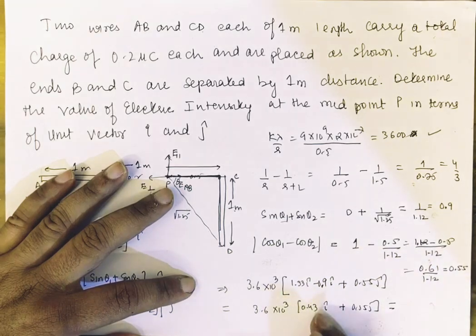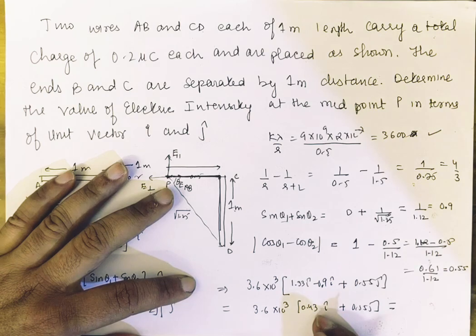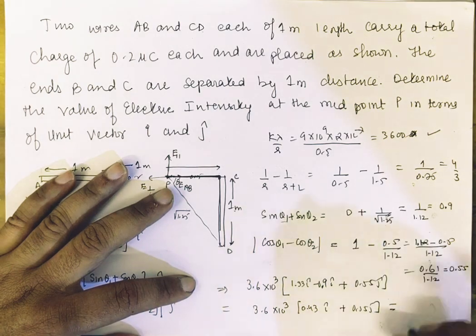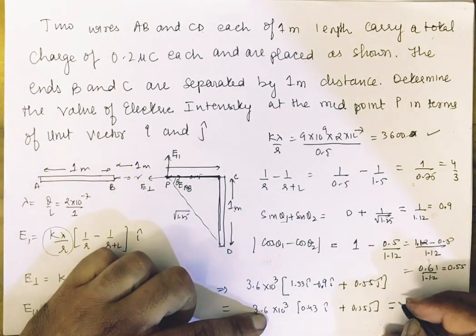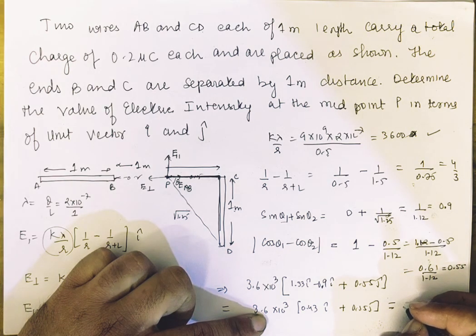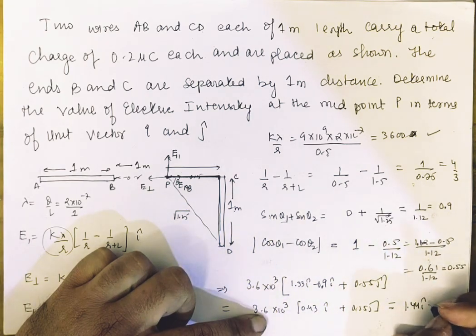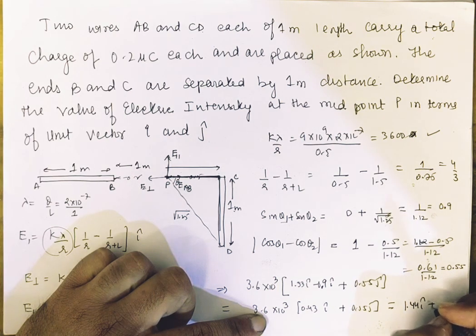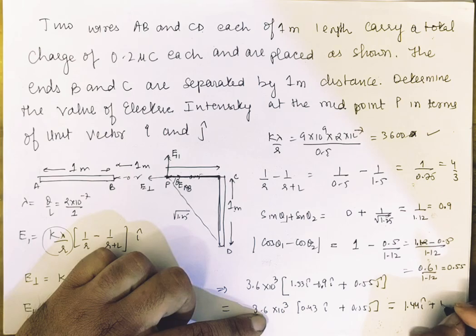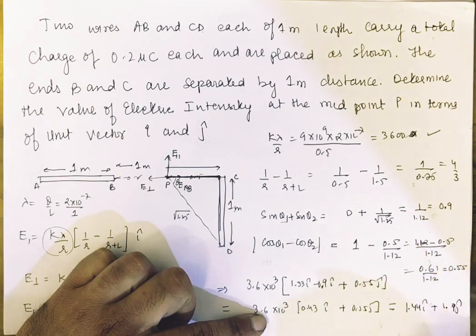Now let's calculate. 3.6 into 0.43 is approximately 1.44 when multiplied out, and 3.6 into 0.55 is approximately 1.9, each multiplied by 10 power 3.